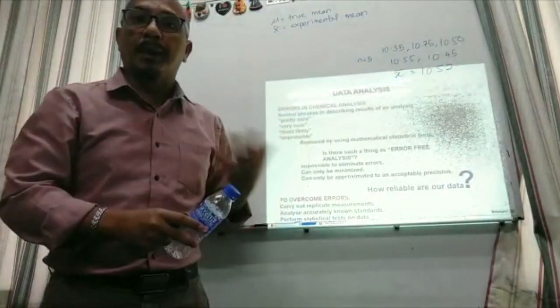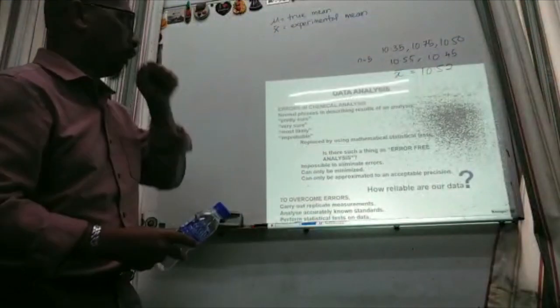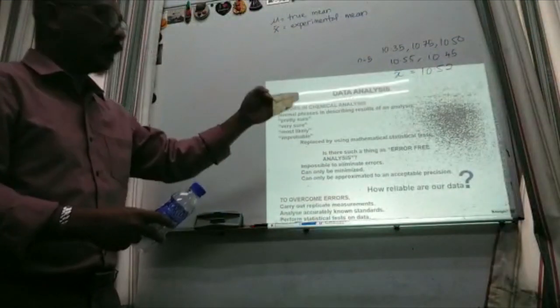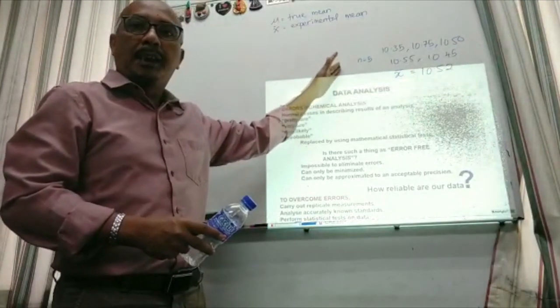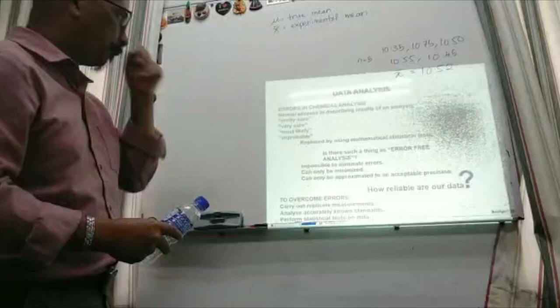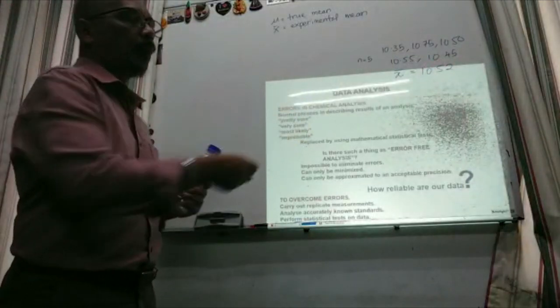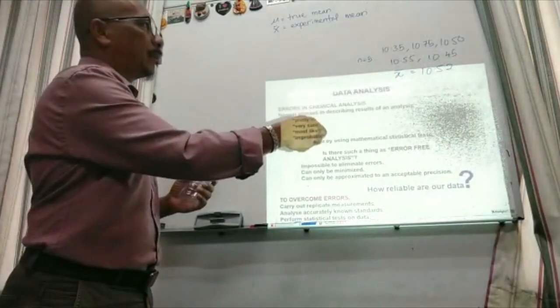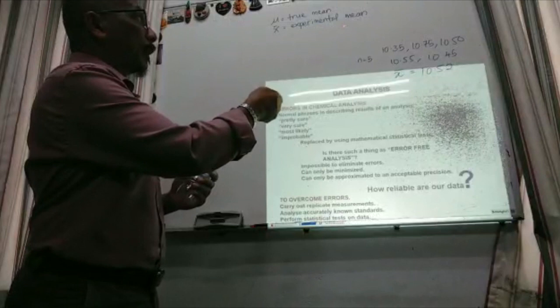It depends on us how many replicates we want to do in an analysis. So the data here, 10.52, from our average by using our calculator, we call the experimental mean.